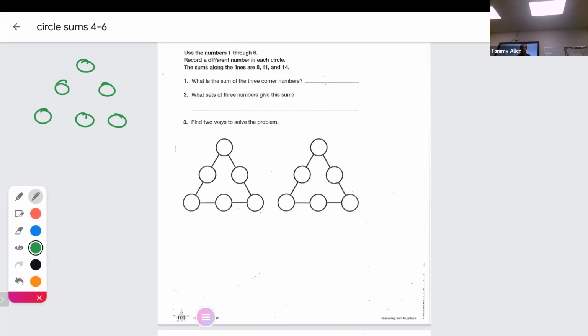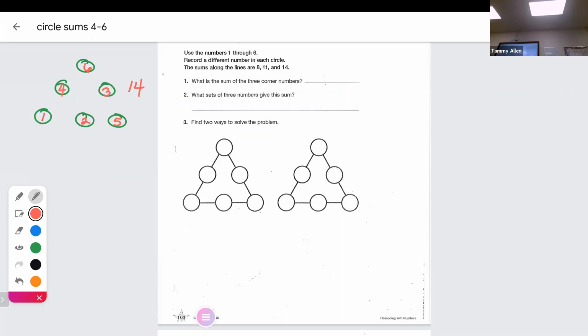Anybody have a sum of 14 yet? Andra? 6, 3, and 5 is what she said. Would everybody agree that gives us 14? All right, so there's a 14. So we have a 2, a 1, and a 4 left, right?